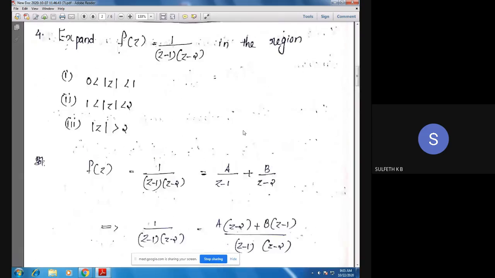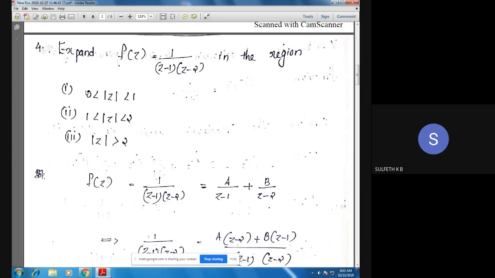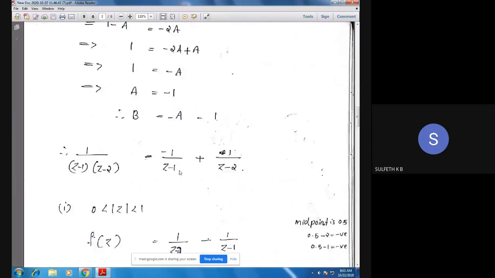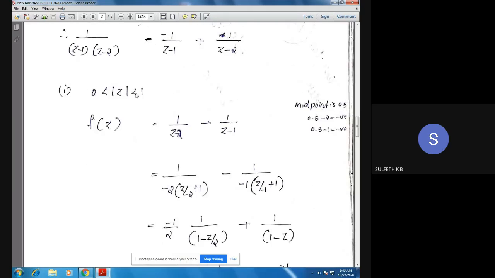Then moving to the core of this question: we have to expand this function in the region 0 less than modulus of z less than 1. This is the important portion of this question. We change the function as minus 1 divided by z minus 1 plus 1 divided by z minus 2.